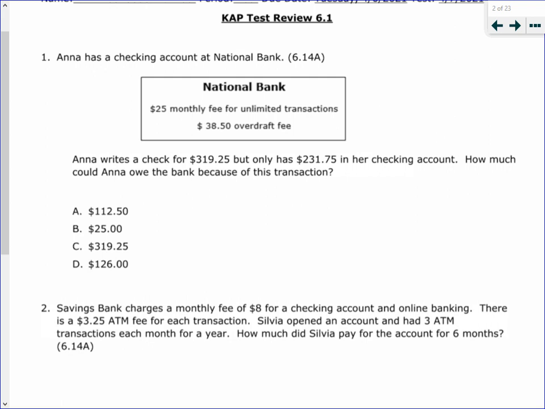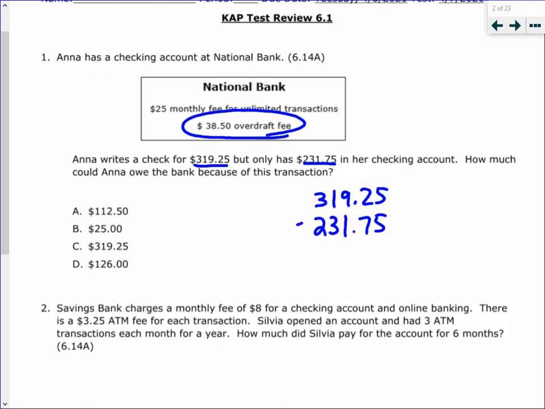So it looks like she's going to have an overdraft fee because the $319.25 is more than she has. So let's see how much money she owes just because of that. So we're going to subtract these two numbers to see how much she still owes the bank because she didn't have enough money. So let's see, 319.25 minus 231.75 is $87.50.